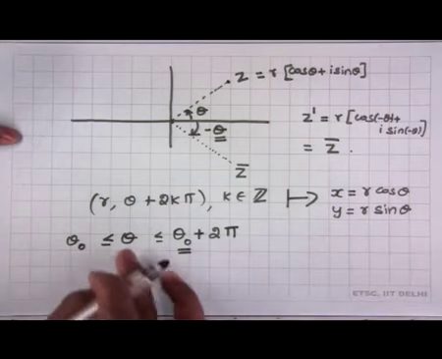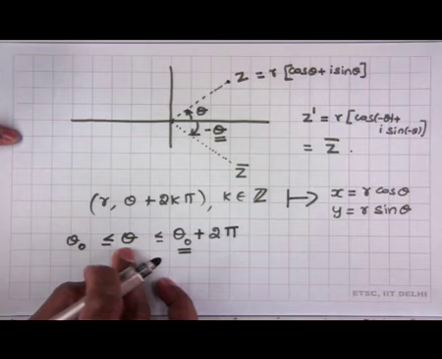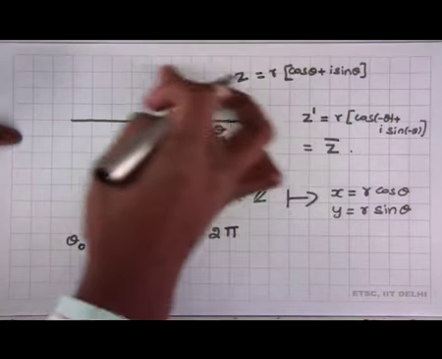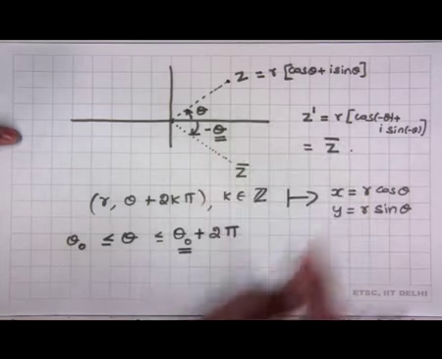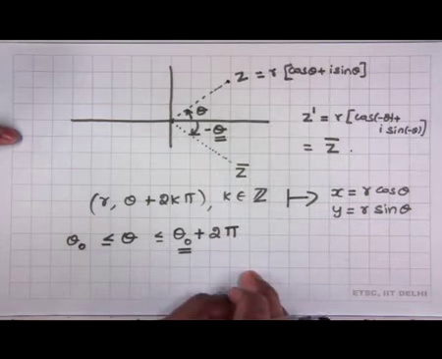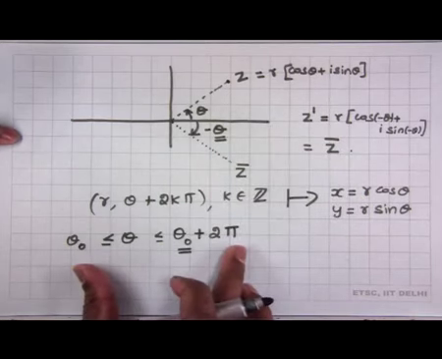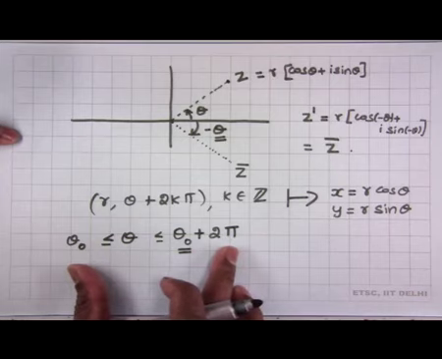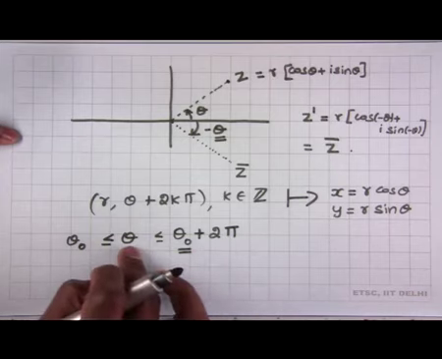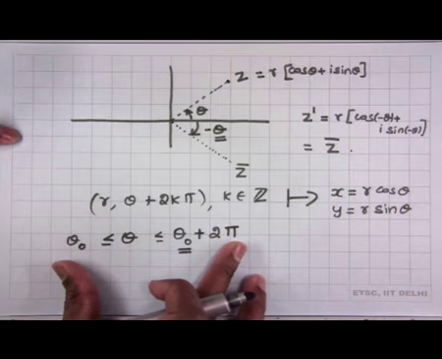If we vary our theta in this region, then it covers the entire plane. Therefore, what is important is the argument must vary in a 2 pi interval.